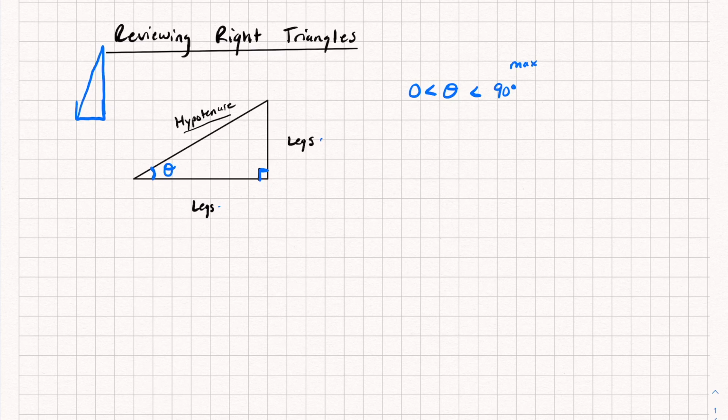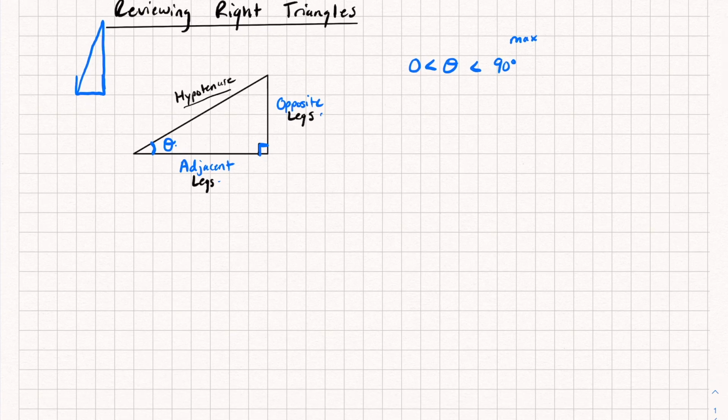So if that is my angle, then this leg becomes the adjacent, since it's the leg right next to the angle I'm looking at, and the other one becomes the opposite, because it's literally the leg opposite my angle if I go straight across. Again, the hypotenuse is always the hypotenuse. And so we have these 3 sides to a right triangle, specifically if my angle is right here in the lower left.